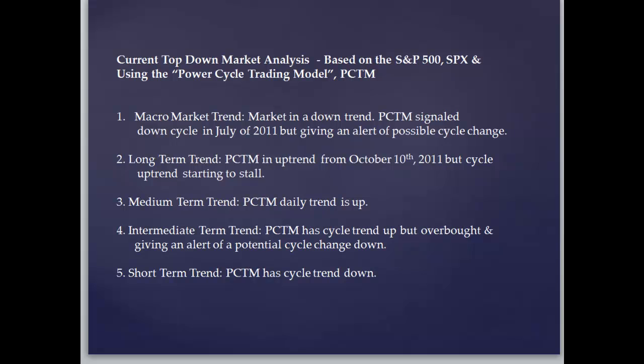The intermediate trend has this trend up but overbought, giving an alert of a possible or potential cycle change to the downside. And the short-term trend has the cycle trend currently down. So, using the top-down approach, step by step, this is currently what we're seeing.